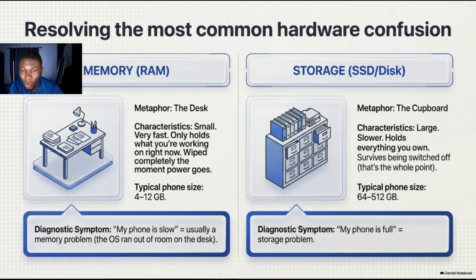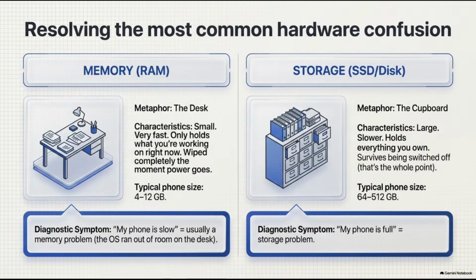All right. So, resolving the most common hardware confusion. As a programmer, you should understand these things, right? Memory or RAM, and then storage, that is SSD or HDD, exactly.